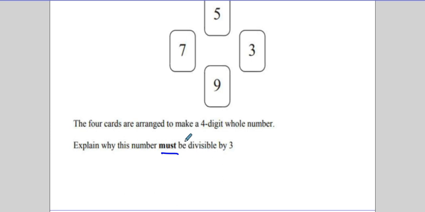To answer this question, you have to go back to the divisibility test of 3.